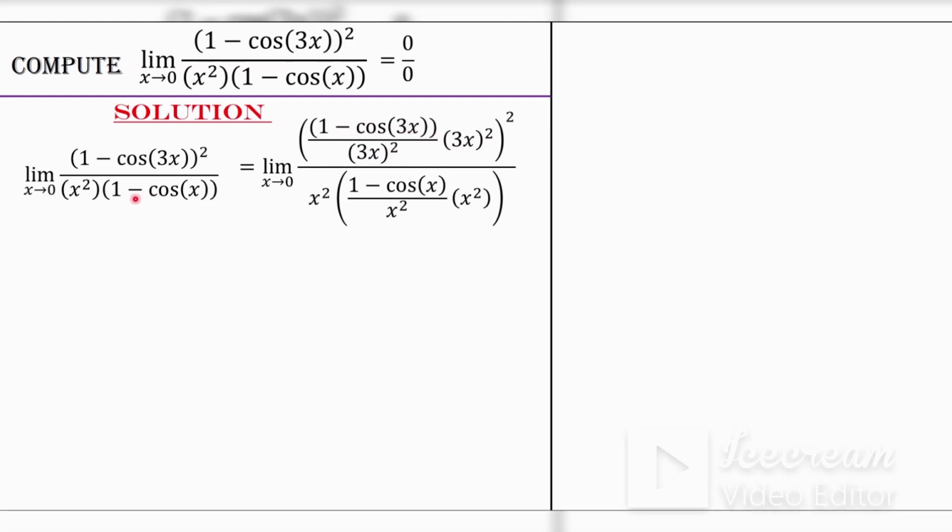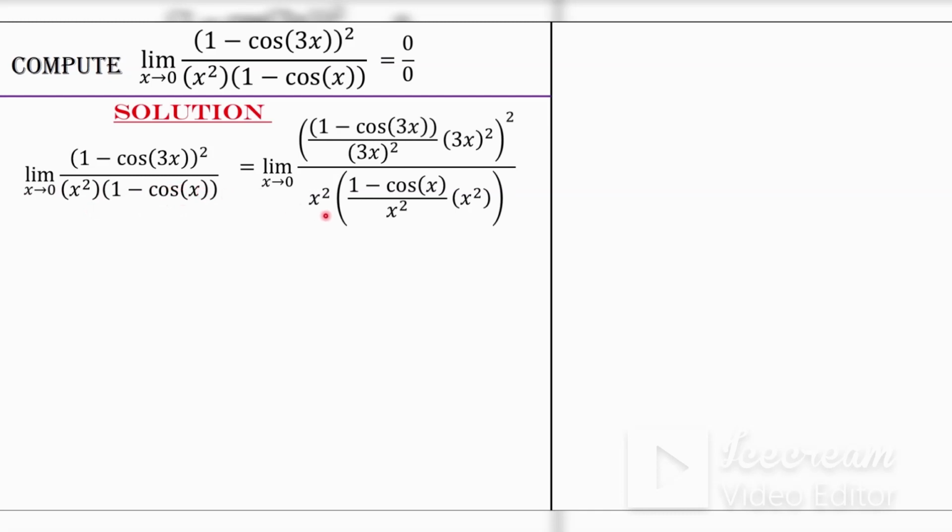Same thing for the denominator. In the denominator instead, I'm going to multiply top and bottom by x squared. Doing this I also don't change anything, because this and this one cancel and still give me 1, and it still gives me the same thing which I had in the denominator.